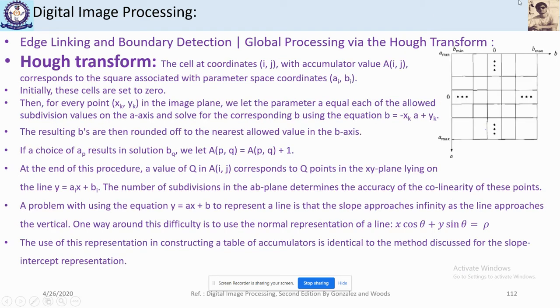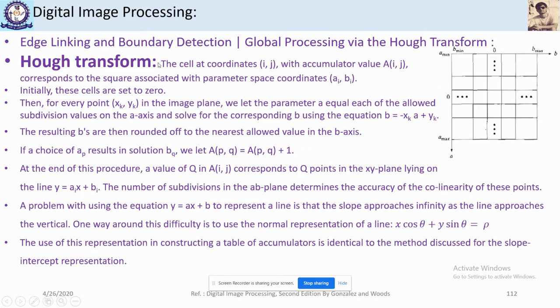That means we assume the value of b will vary from b min to b max, and the value of a will vary from a min to a max. Zero will be somewhere in the middle. Now we divide it into this matrix, and each cell will have some value.